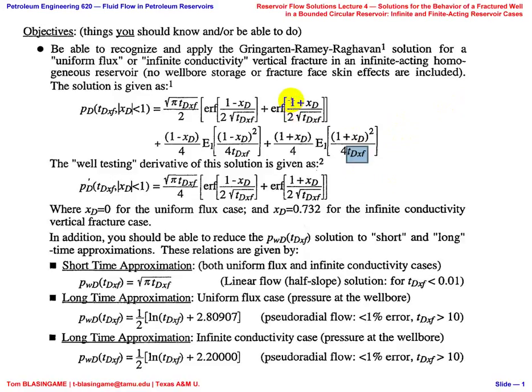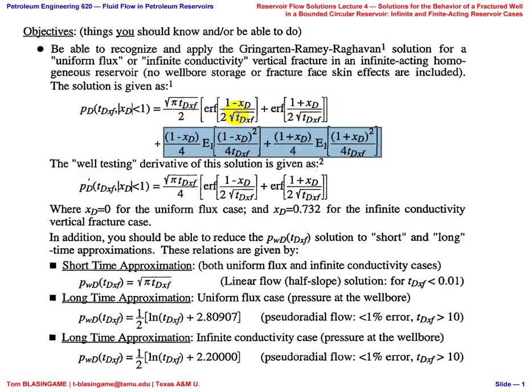What is erf whenever t_D is large, class? You have t_D in the denominator, so the argument is going to go to 0. What is erf of 0? 0. So 0 plus 0 multiplied by anything is? Very good. And then you're left with a couple of exponential integrals added together, which looks a lot like radial flow, which is exactly what it is.